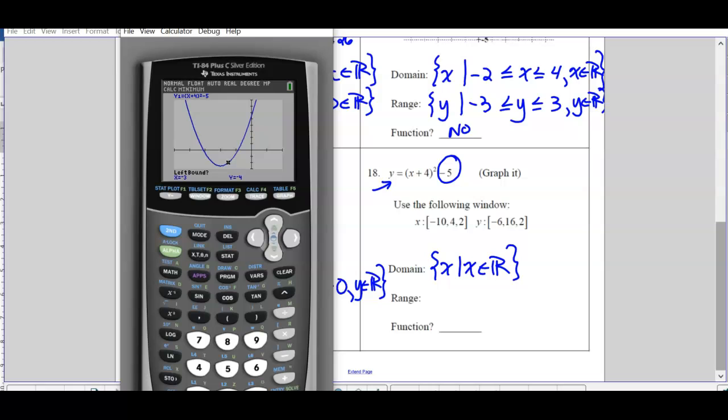And then you cursor, it says left boundary. You cursor until you're to the left of where you think it is. Enter on that, cursor to where you are to the right, enter on that, and enter when it says guess. And the y value there is -5. So this is all y values that are greater than or equal to -5, where y is an element of the set of reals. And it's a function.